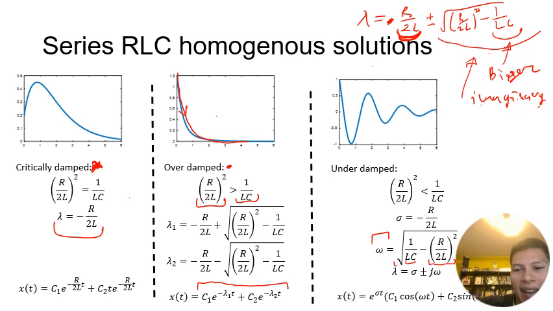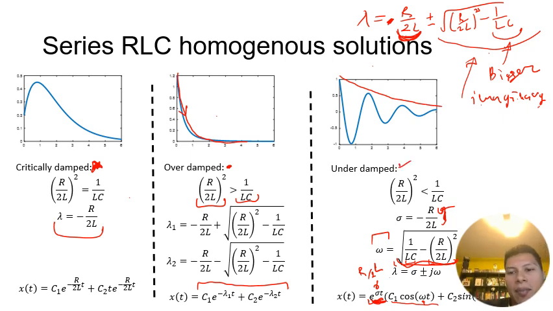So sigma is just R over 2L, and our solution will be of the form e to the negative sigma t times C1 cosine omega t plus C2 sine omega t. This is a decaying exponential times a sine and a cosine, so it decays slowly and oscillates as it decays. We call this underdamped.